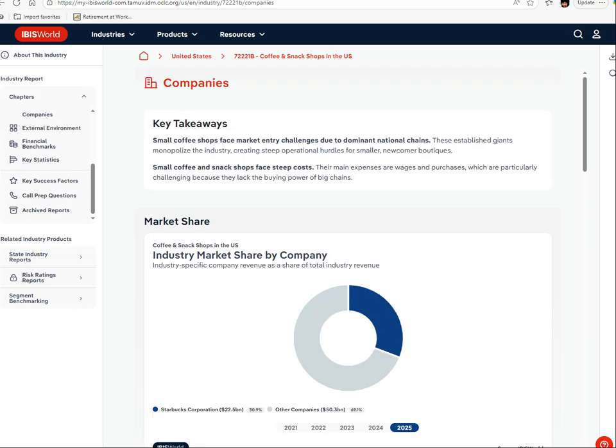So if you want to study certain industries, you can always check IBISWorld. It provides, in my opinion, industry-wide information. It is good, compared to other databases we have seen. So for industry information, it is pretty good.